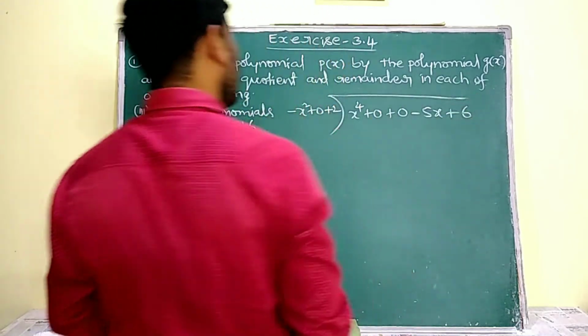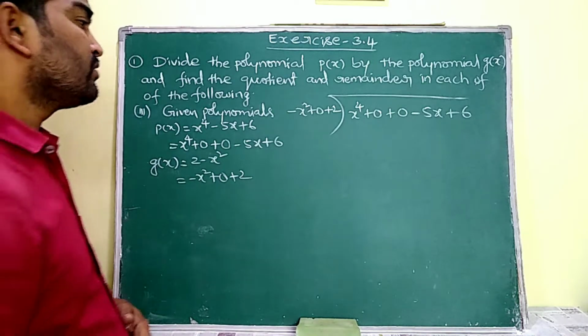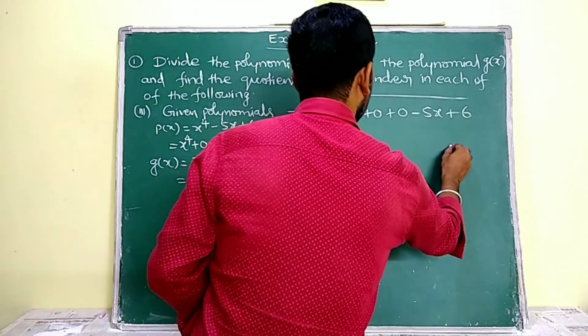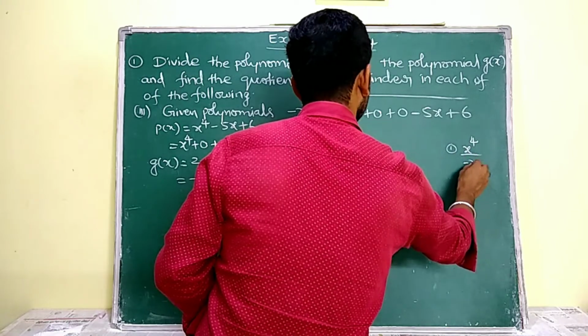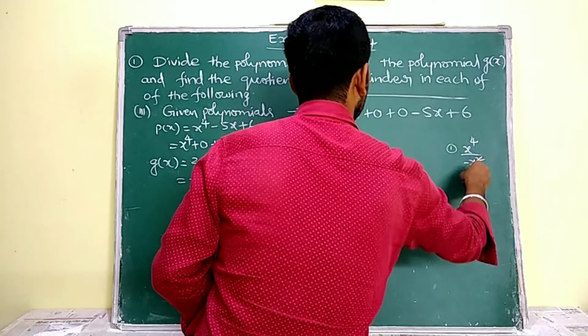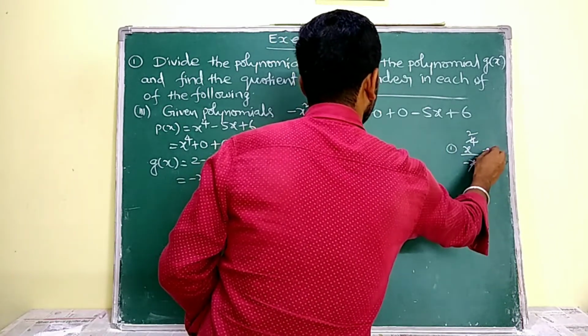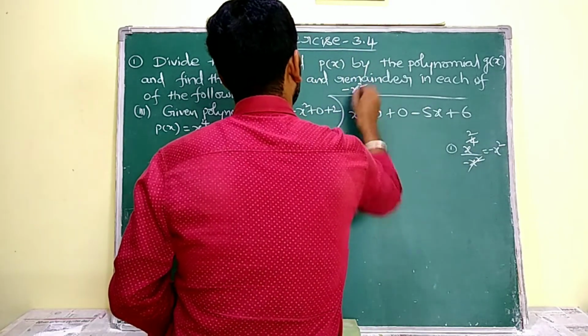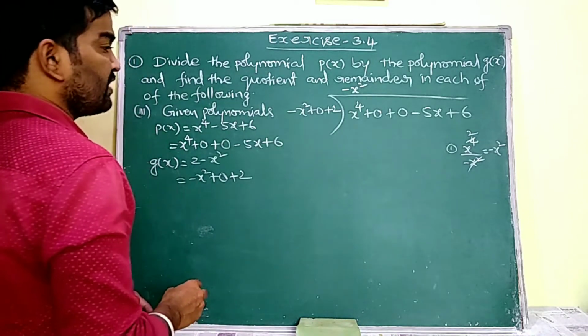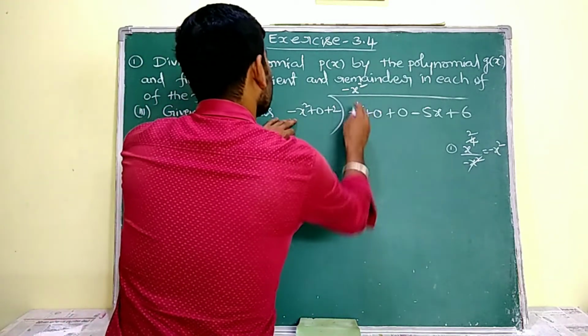See, now to obtain the first term of the quotient, I have to divide the first term of the dividend by the first term of the divisor. So here the 2 x's are going to cancel with 2 x's and I am going to have minus x square in the quotient as the first term. So I have to multiply this divisor with this minus x square.